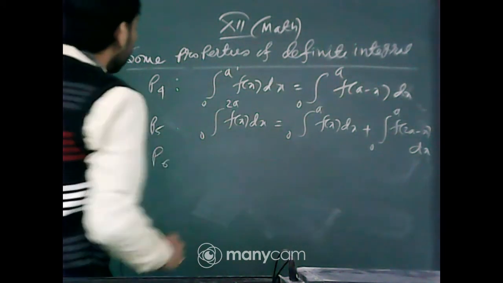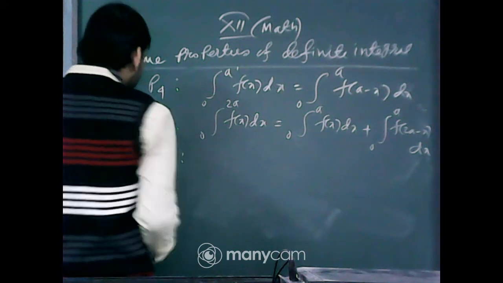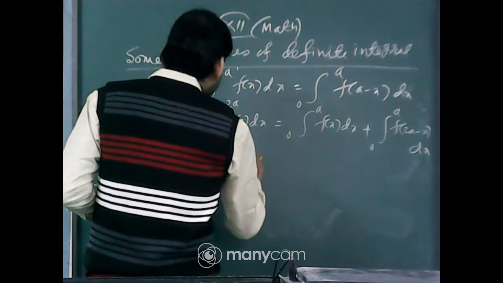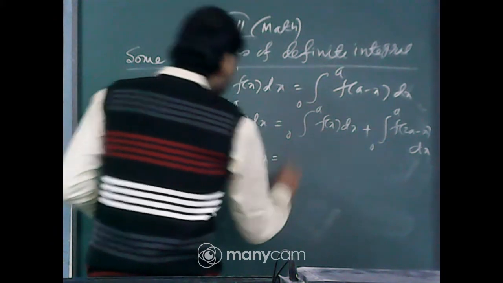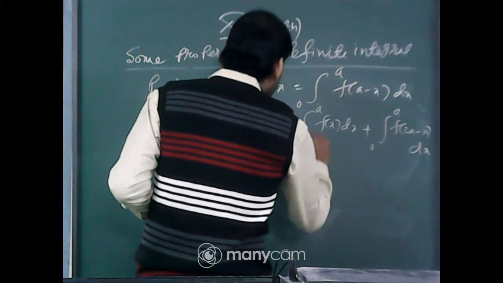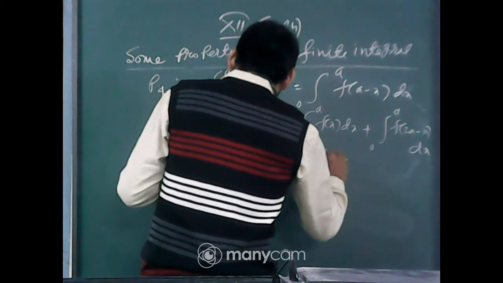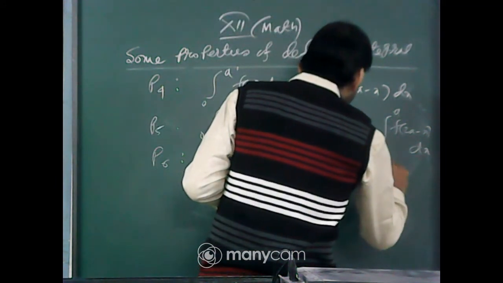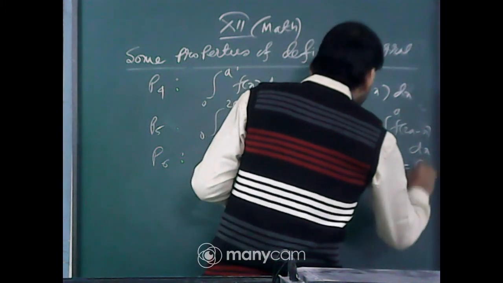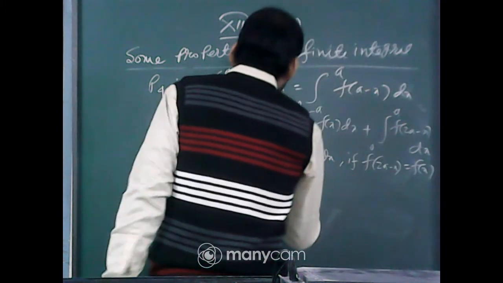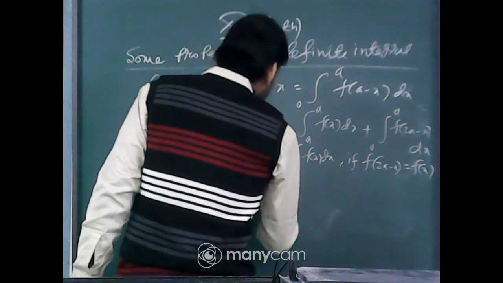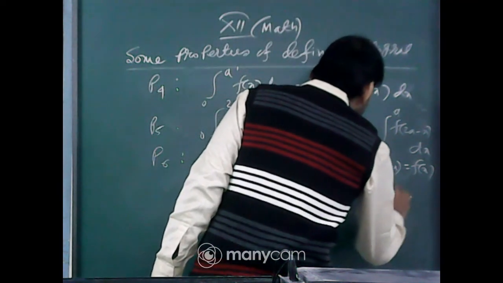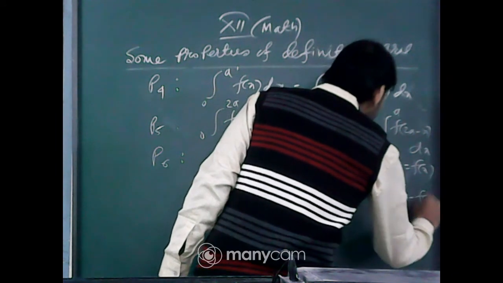P6 again, two particular cases of P5. Integration 0 to 2a f(x) dx equals twice integration 0 to a f(x) dx if f(2a minus x) equals f(x), and it will give you 0 if f(2a minus x) equals minus f(x).